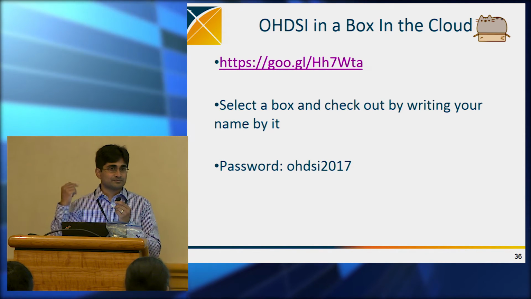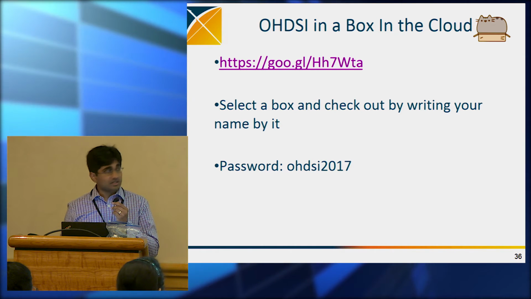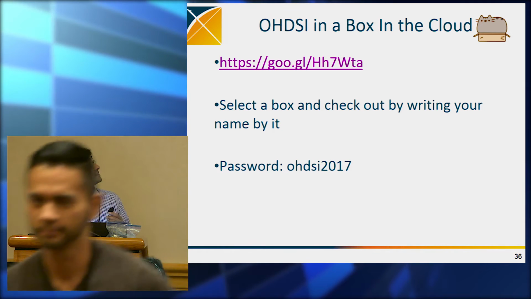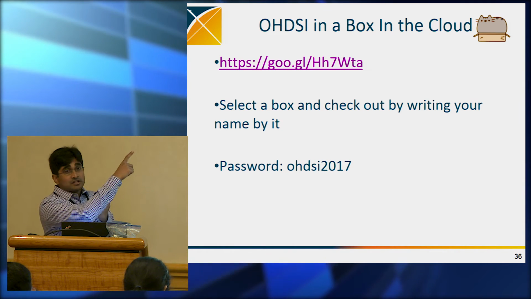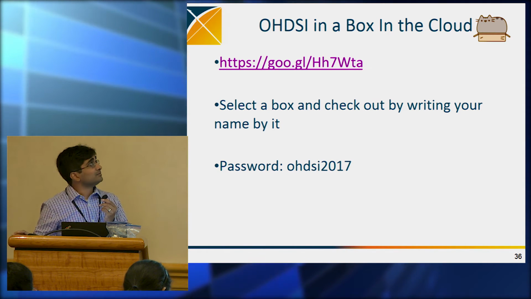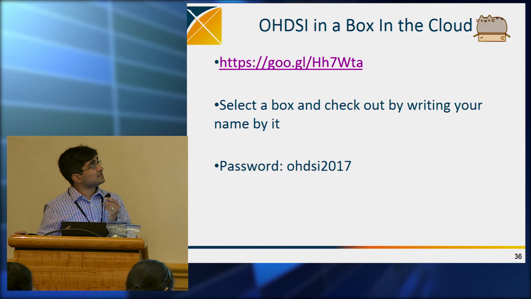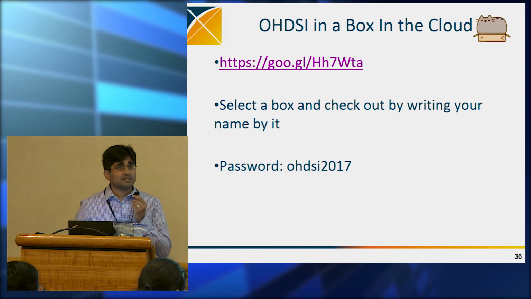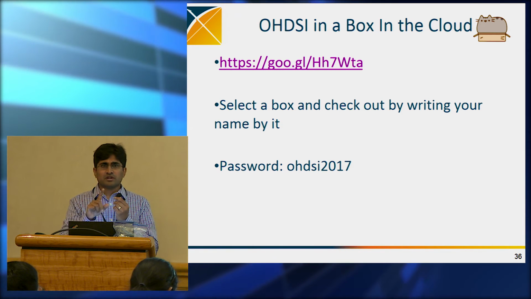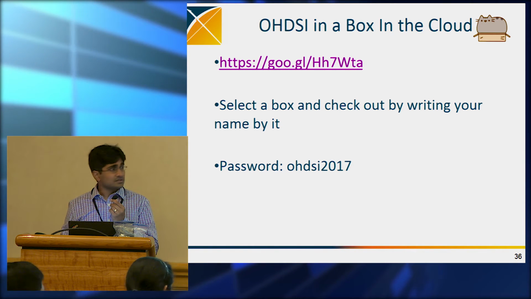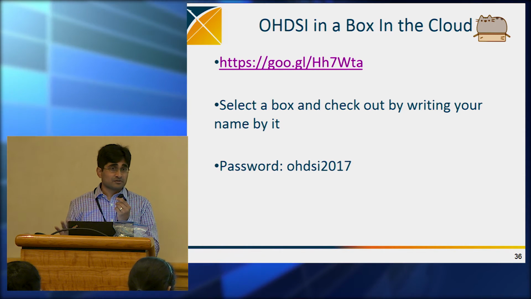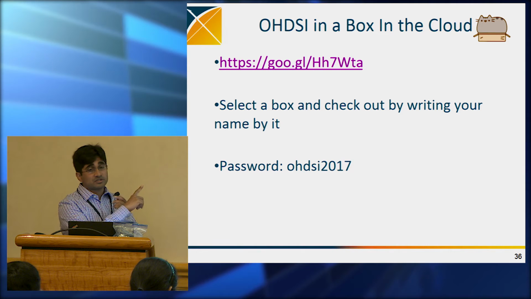There's a virtual machine up online. If you go to that URL, you can access the virtual machine via the browser. So if you don't have the virtual machine, you'd want to use this URL.